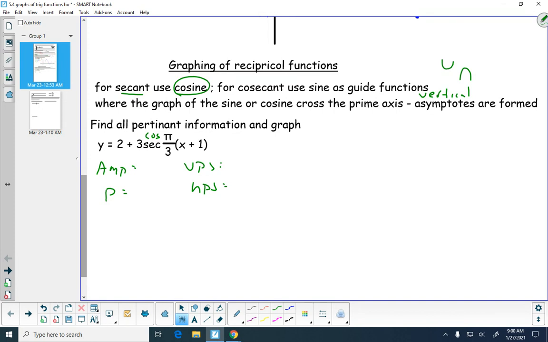Jordan, what about the amplitude and period? 4 for the period? What's our B value? Pi over 3.